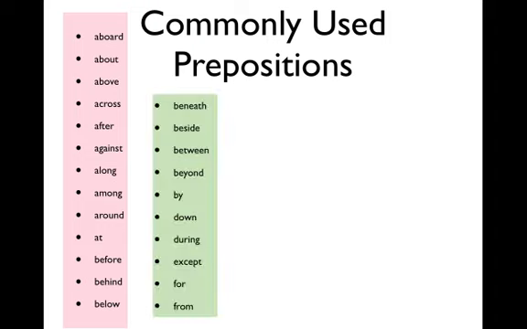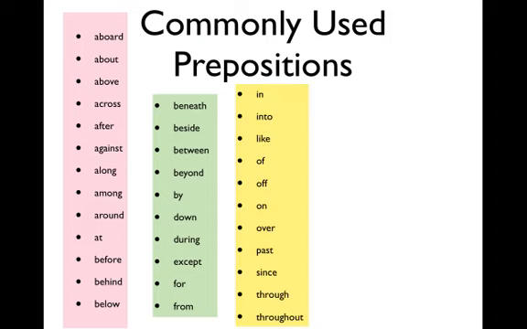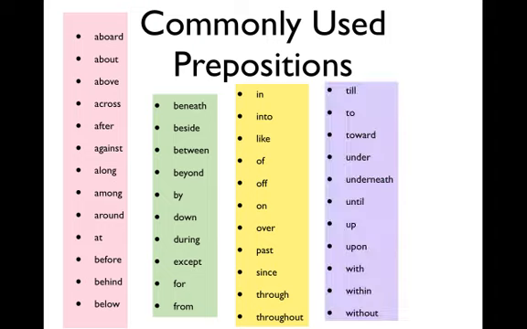Beneath, beside, between, beyond, by, down, during, except, for, from. In, into, like, of, off, on, over, past, since, through, throughout. Till, to, toward, under, underneath, until, up, upon, with, within, without.